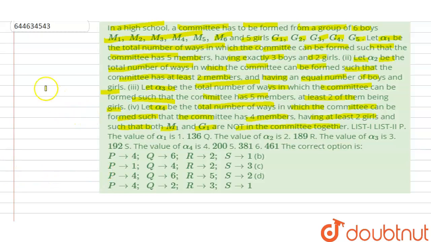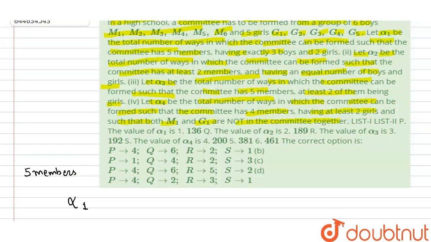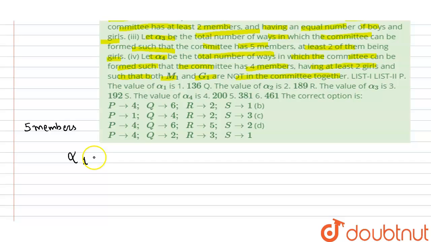So, first we need to find out alpha 1. Alpha 1 is the total number of ways in which the committee can be formed such that the committee has 5 members, having exactly 3 boys and 2 girls.